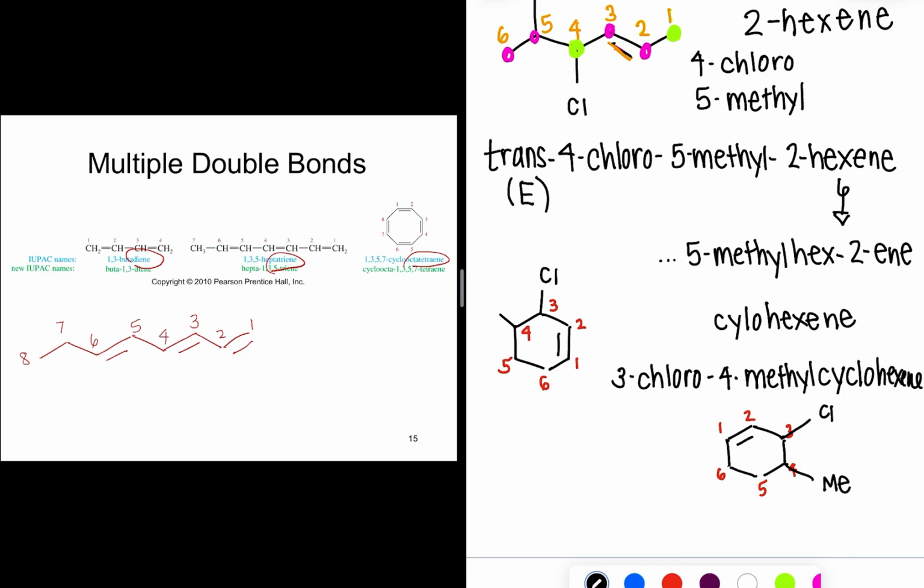This would be octene, but I would convert this to octatriene, and I'm going to tell the reader at carbon number 1, I have a double bond starting. At carbon number 3, I have a double bond starting. And at carbon number 5, I have a double bond starting. So it would be 1, 3, 5, octatriene.